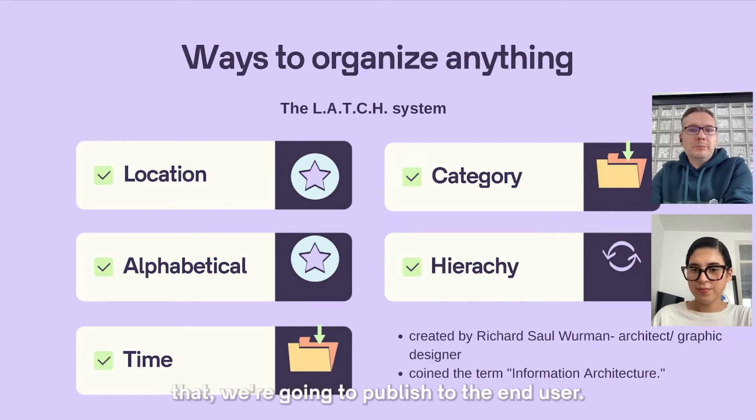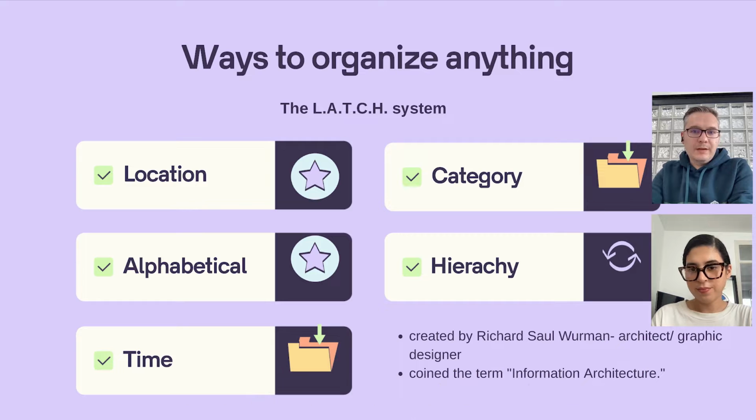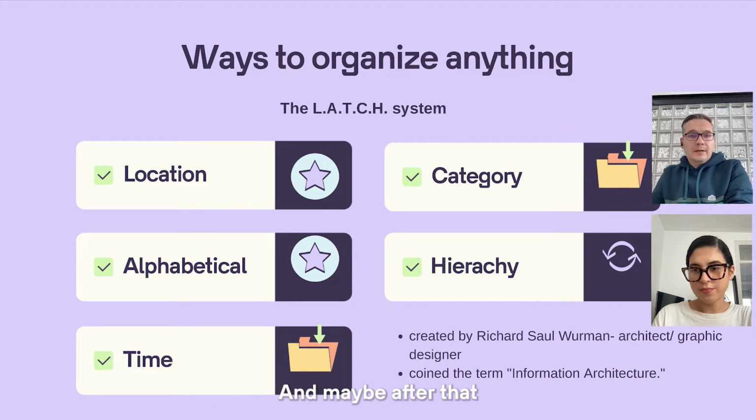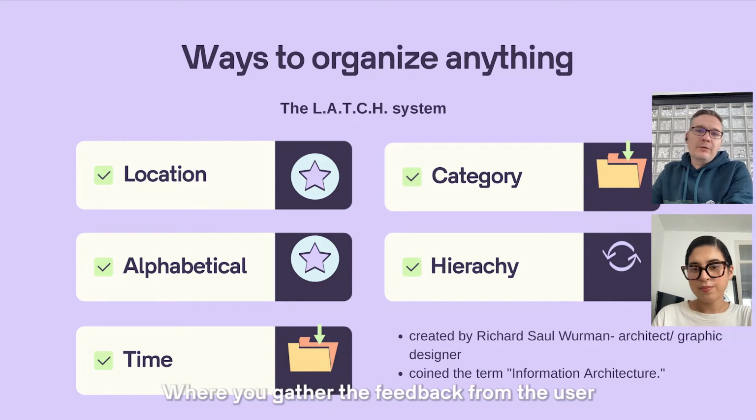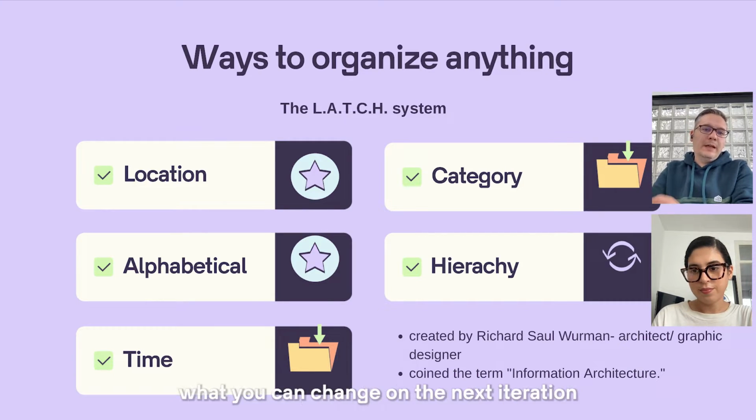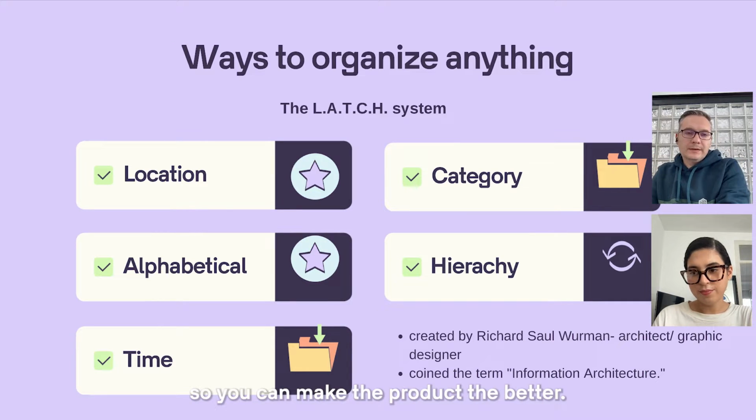And after that, you're going to publish to the end user. And maybe after that, you're going to have another field where you gather the feedback from the user and you try to understand what you can change on the next iteration so you can make that product better.